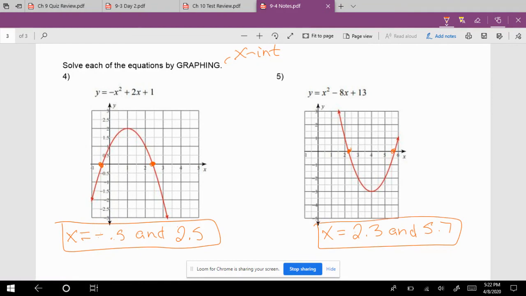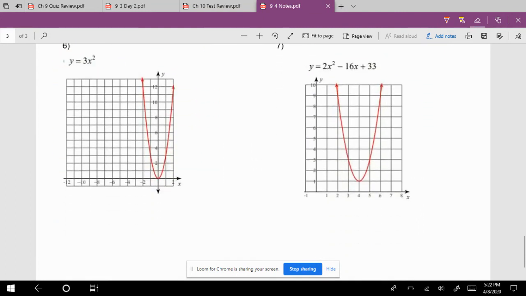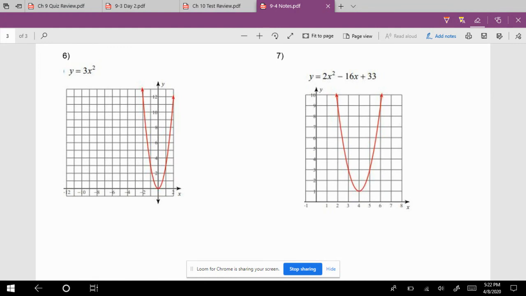Those would be my 2 answers. Okay, 2 more to go. On 6, I only have one x-intercept. It's right there at 0, so my answer is just x equals 0. I only have one answer there.